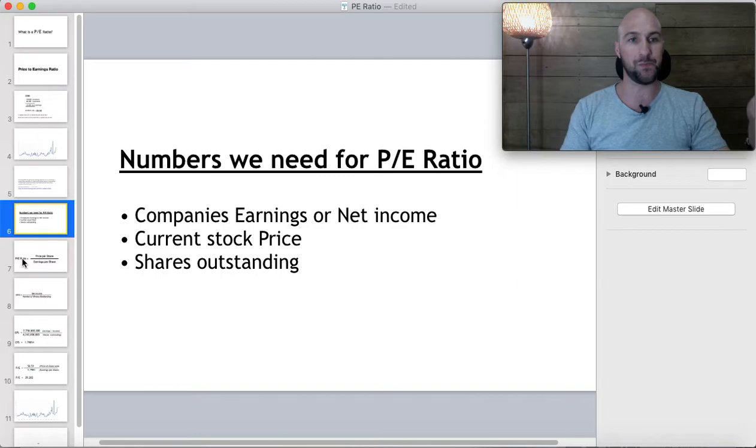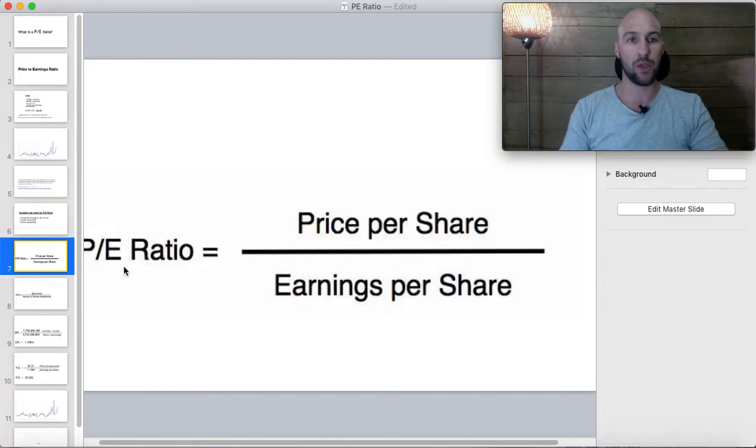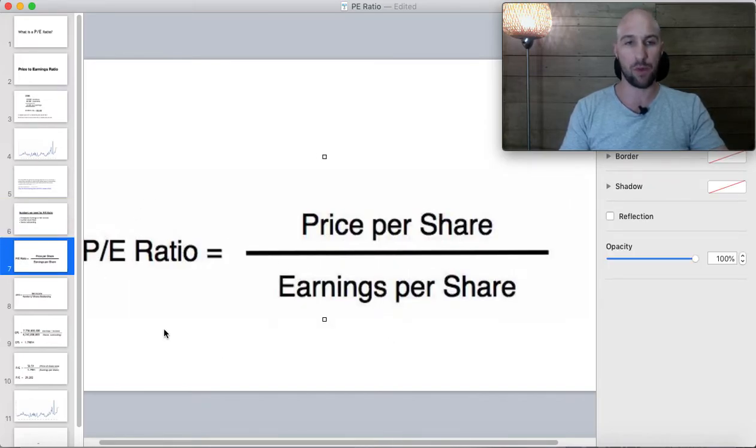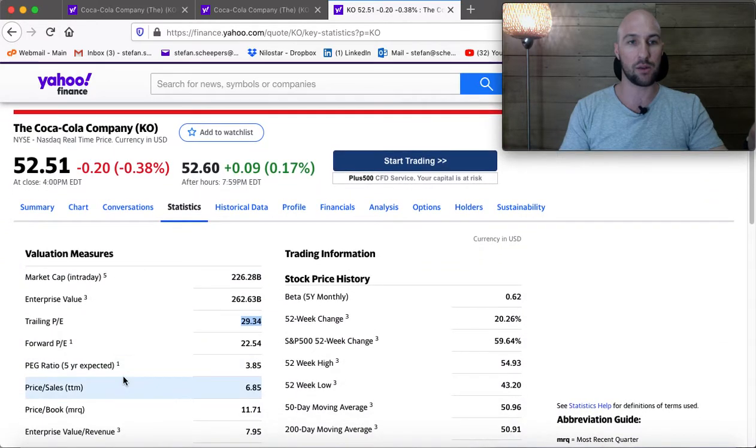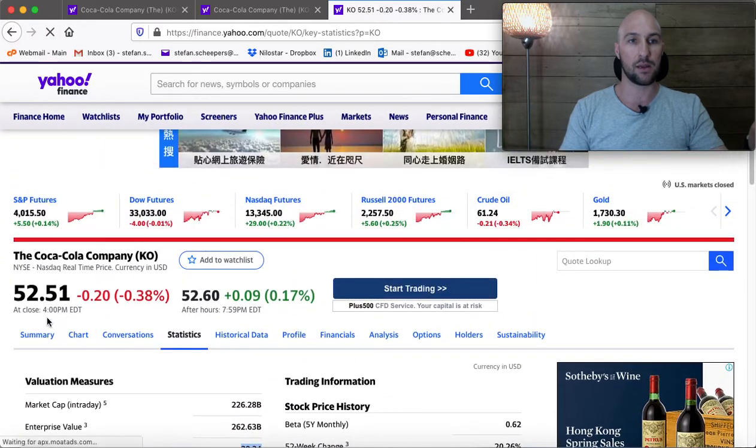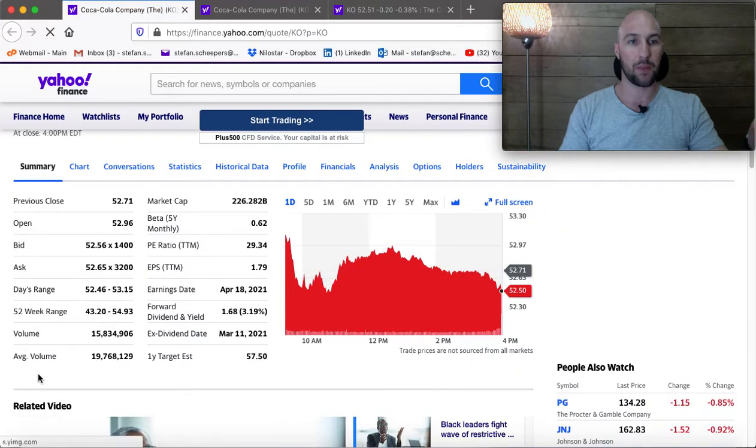These are the numbers that we needed to get our PE ratio. To get the PE ratio, the formula is you take the price per share, how much the price is at the moment, which was 52.51, and you divide it by the earnings per share. Now earnings per share is very easy to find. You can just go straight to summary. I have it open.